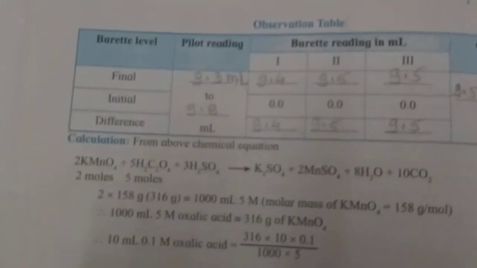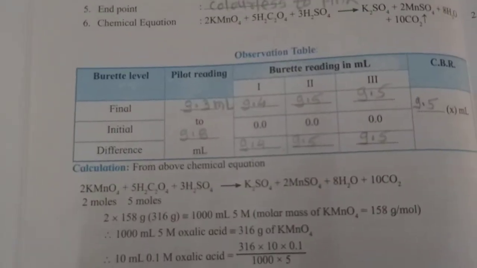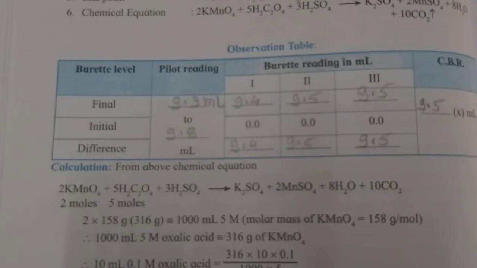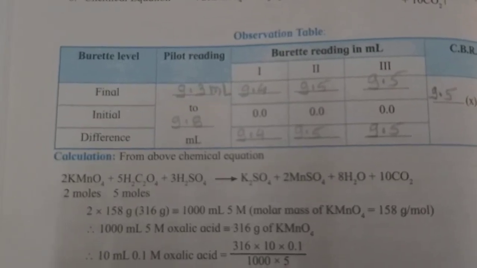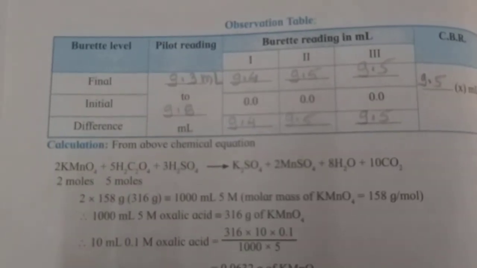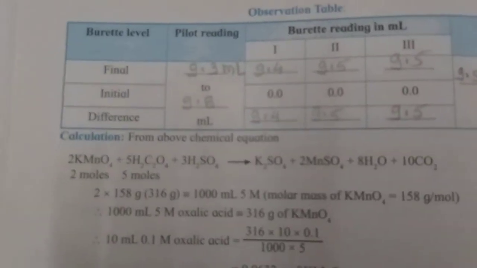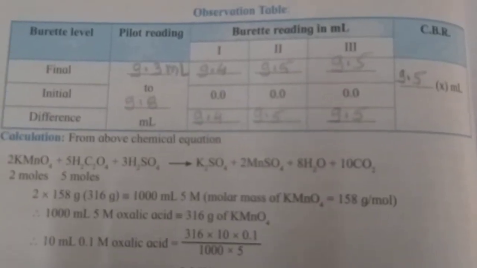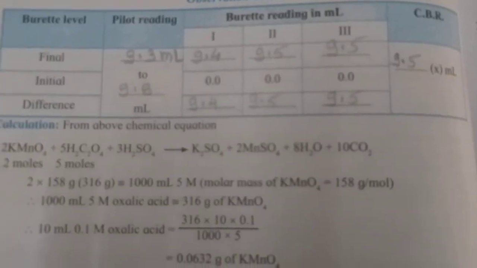Now this is the observation table. The pilot reading from 9.3 to 9.8 is given, and the first reading is 9.4, the second is 9.5, the third is again 9.5. In this way, the constant burette reading is calculated by taking the mean of these 3 readings.